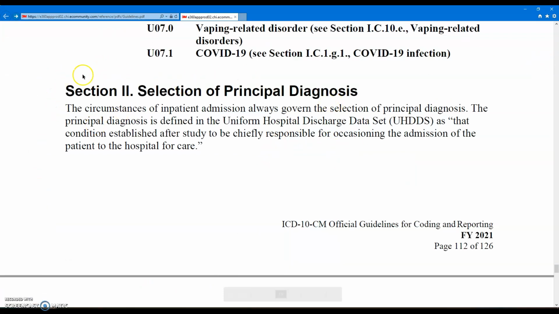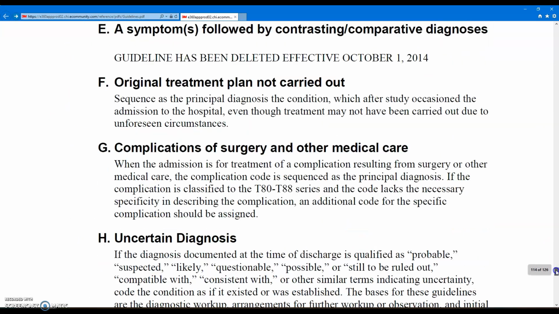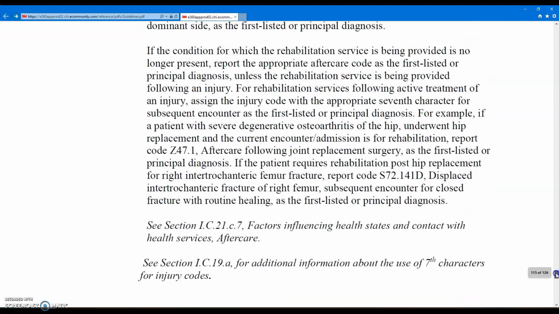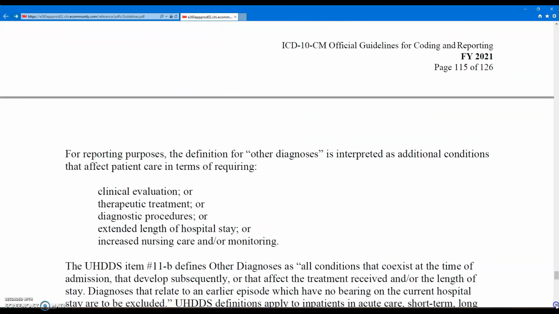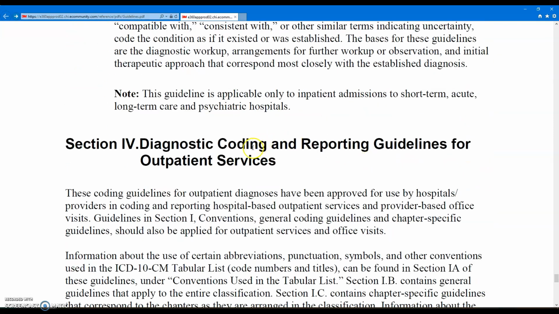So I would start here on section 2, selection of principal diagnosis, all the way down to where it talks about outpatient services. The first part is going to be your inpatient guidelines, and you're going to differentiate those from your outpatient coding guidelines.